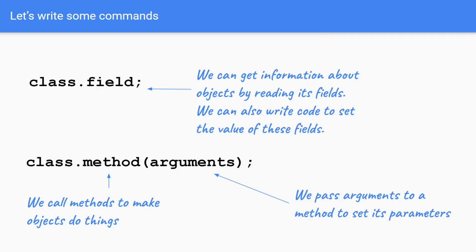We first say which object we want to use, period, and then we can access what's encapsulated inside of it. In this case, we can call the method by name, then we have parentheses, and then we specify arguments. Arguments are just the actual values we are passing to the parameters of a method.